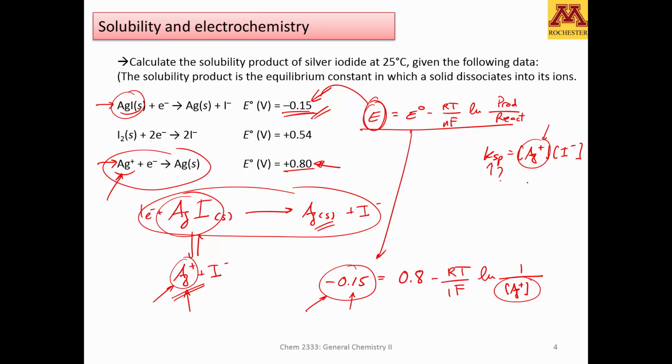So for KSP, if we work at 1 molar solution of iodide, one can prepare a 1 molar solution of iodide, but of course the concentration of silver will be different because it's a saturated solution. This is 1 molar. If we find the concentration of silver, we will have found the KSP.